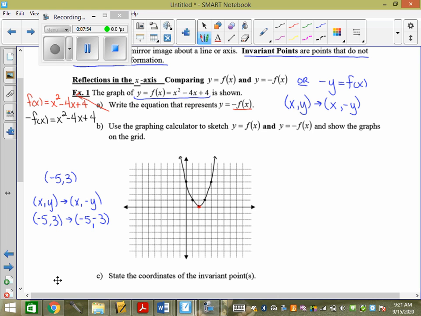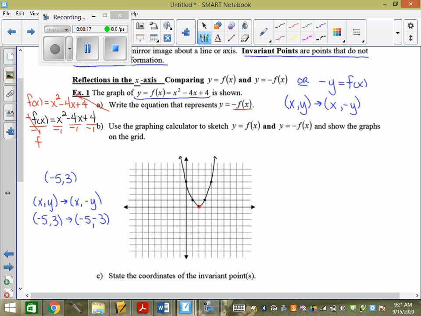Would I leave it like that, though? No, and I can't type it in my calculator unless it's f of x, right? F of x is just y input. So I actually have to get that negative 1 over. How do I move it over? Divide every term by negative 1. And that's where the error lies. People don't distribute it through.